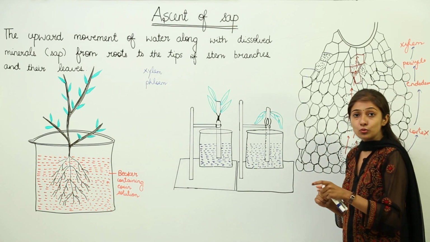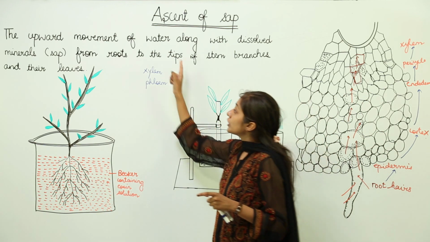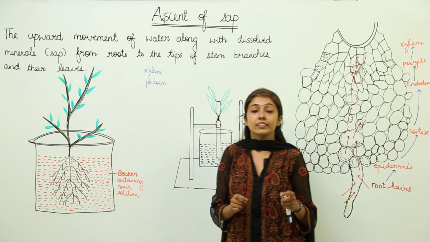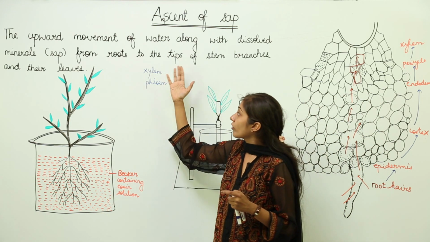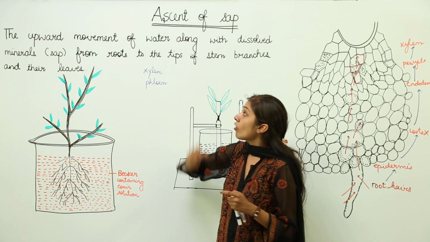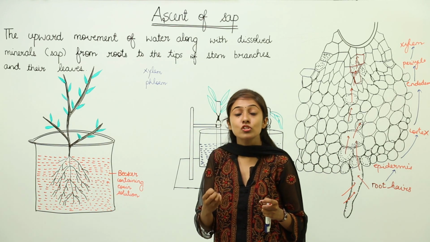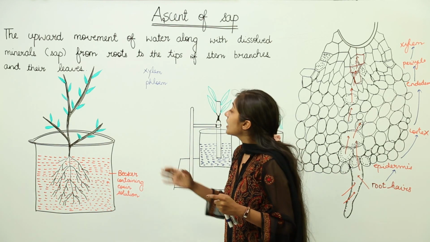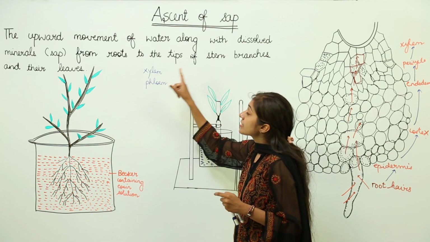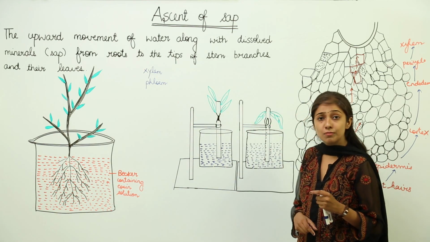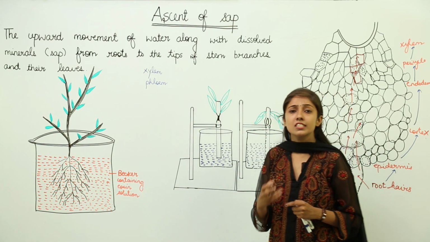Now, as I told you, xylem is the tissue which is responsible for the upward movement of water, by which the water moves from the roots to the other parts. So, how will we prove that xylem is the tissue that is responsible for this? We can perform certain experiments.